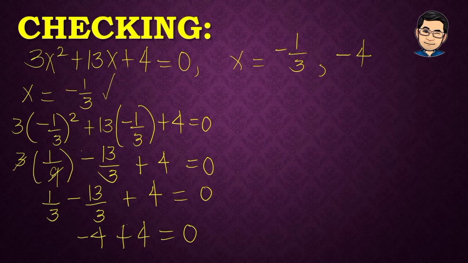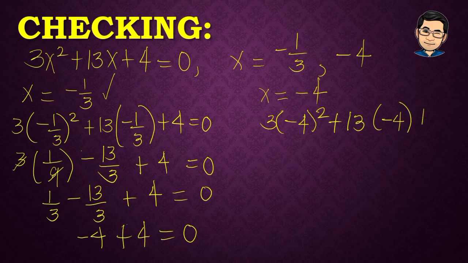Let's have negative 4. Negative 4, 3 times negative 4 squared plus 13 times negative 4 plus 4 equals 0. And then, 3 times negative 4 squared, that is 16. 13 times negative 4 is negative 52.